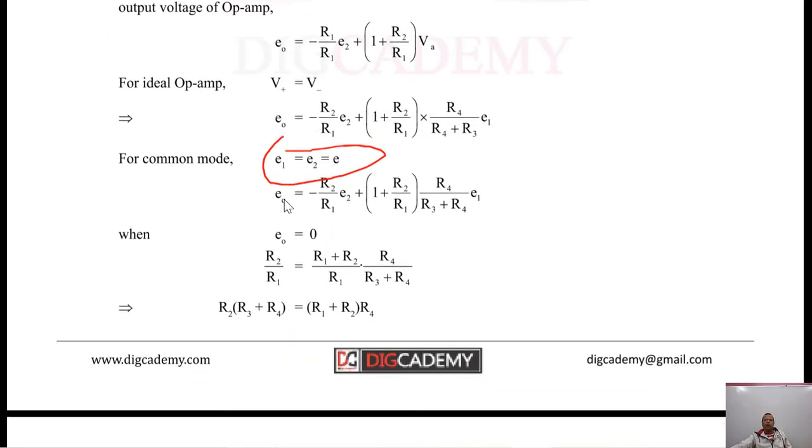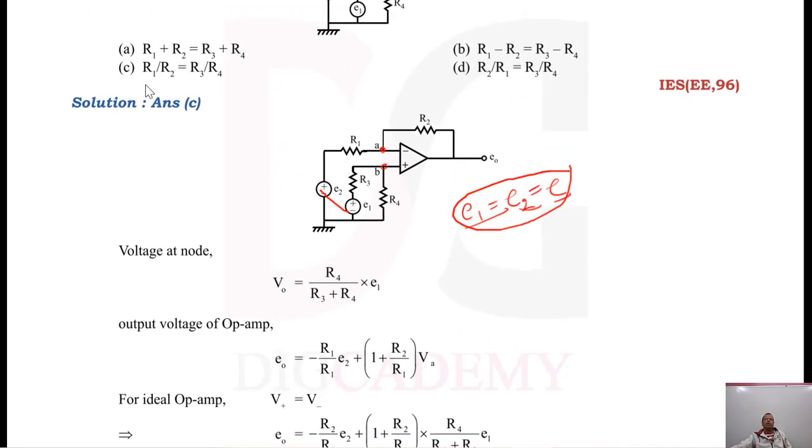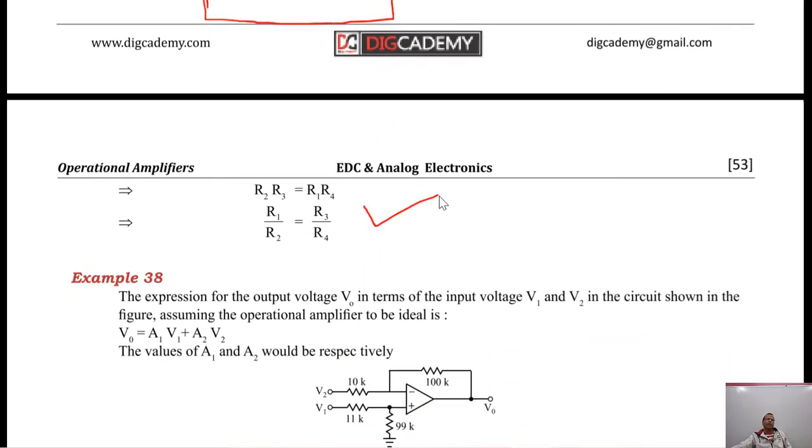So I am putting the expression of output voltage to be 0 when E1 is equal to E2 is equal to E. By putting output voltage equal to 0, we get the condition for attenuating the common mode output, and that is this expression you get here. That is the simplified expression.